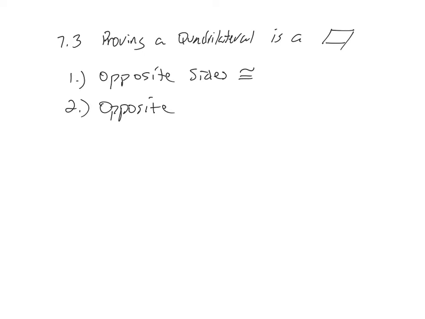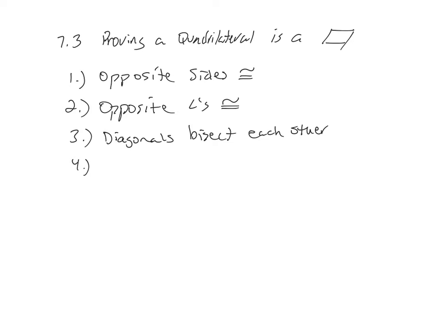Opposite angles were congruent. Diagonals bisect each other, and consecutive angles were supplementary.